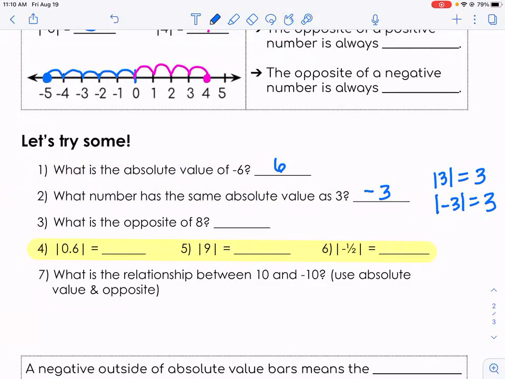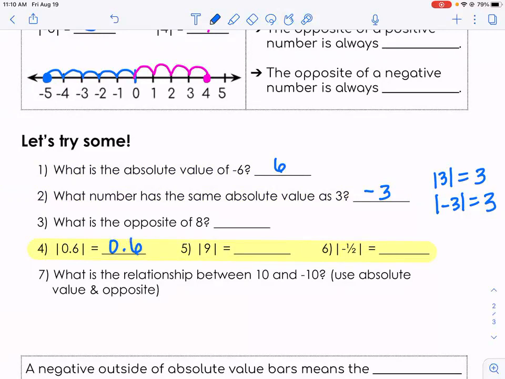4, 5, and 6. Tell her for number 4. Kinsley, what do you have for number 4? All right, 0.6.